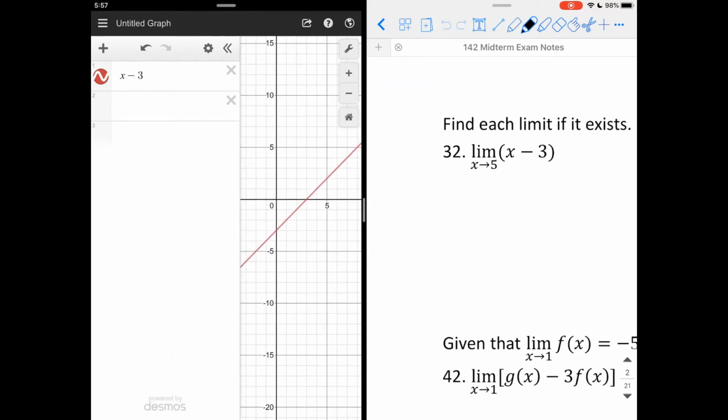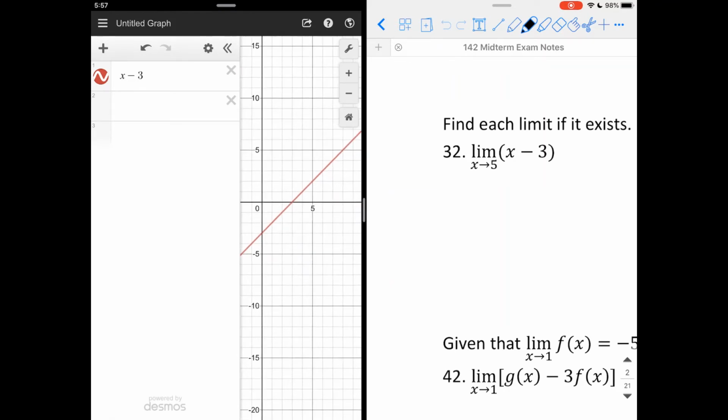And so if you see it, as x approaches 5, there's my point. And if I'm coming from the left and I'm coming from the right, hopefully you'll agree with me that the y value is in fact 2, right there.